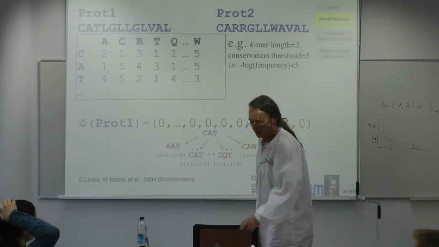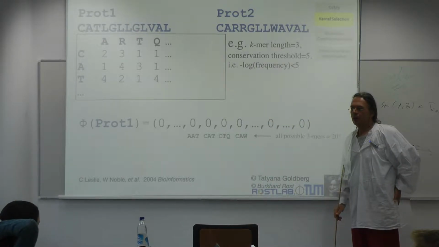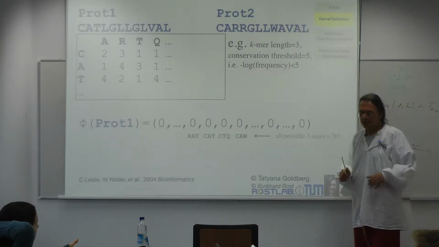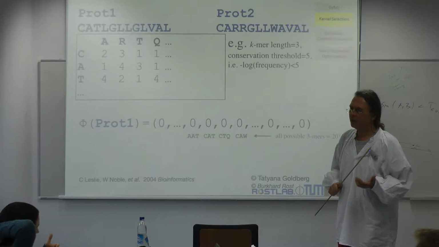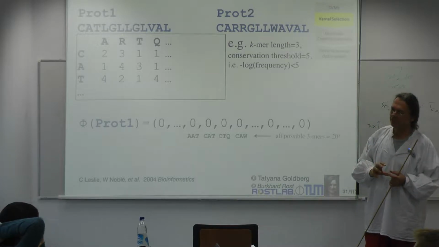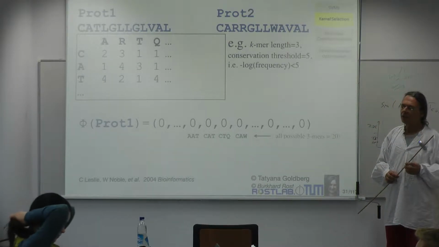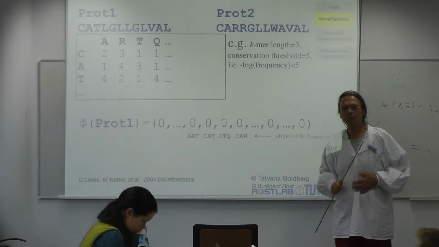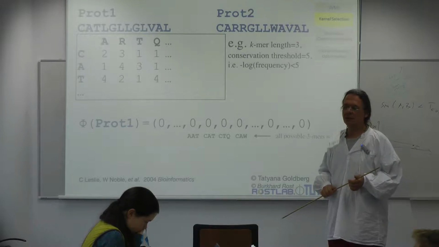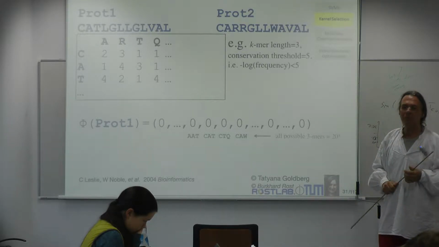Question: what exactly does the term kernel mean in this case? I mean, what exactly does it do once you have it? Essentially what you're trying to do is replace the normal SVM kernel function. The kernel function is the one that projects the problem into a higher dimension, and you try to have a kernel function that has a meaning in the problem that you have. In this particular case, the meaning is a kernel that is related to overlapping k-mers.